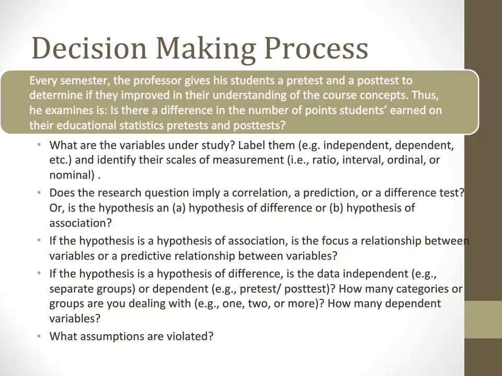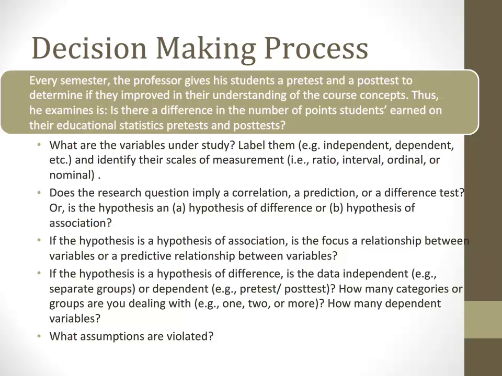So first of all, we need to identify the variables, label them, and identify their levels or scales of measurement. Here we have two different variables, and we're going to identify them as independent and dependent because we're looking at the difference, at how one thing affects something else. So let's start with our independent variable.